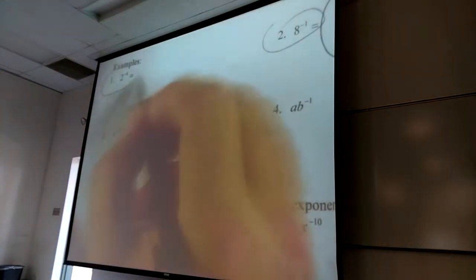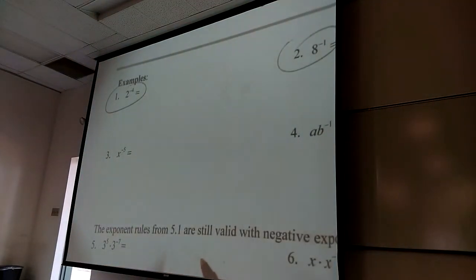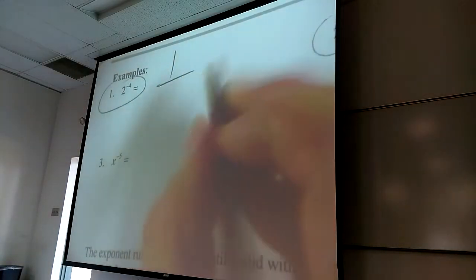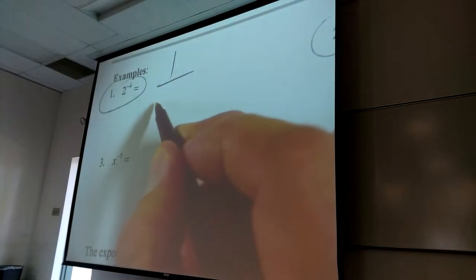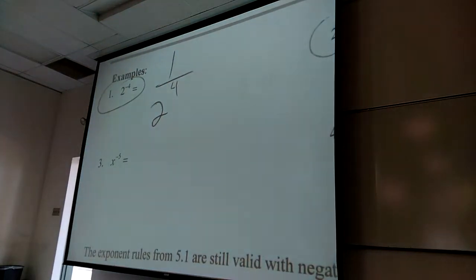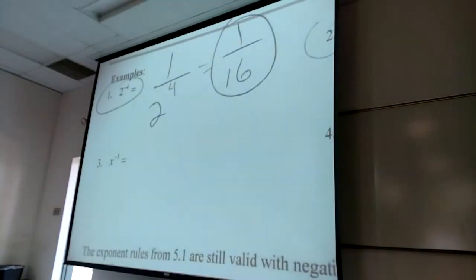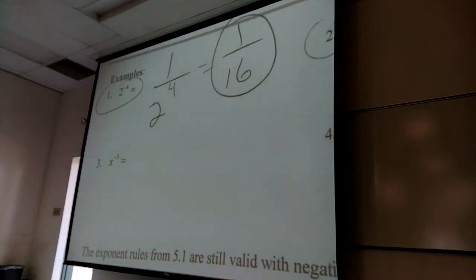So what about number 1? It's 1 over 2 to the 4th. Those four 2's flip down. 2 to the 4th is 16, so it's 1 over 16.